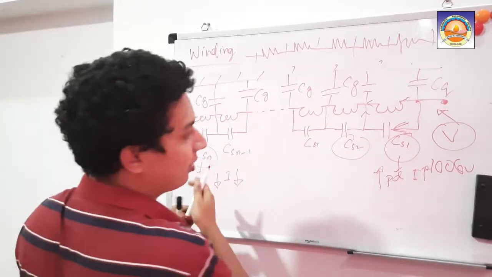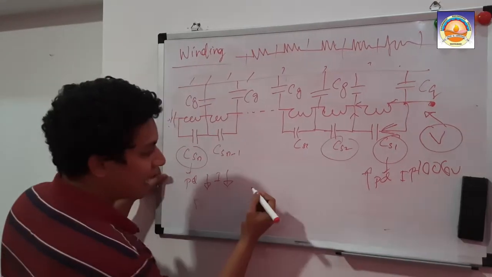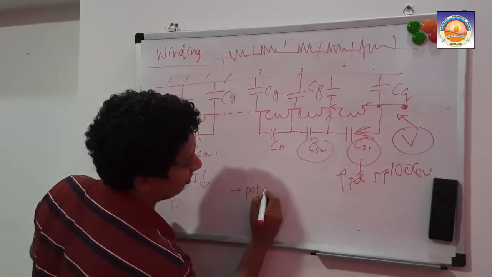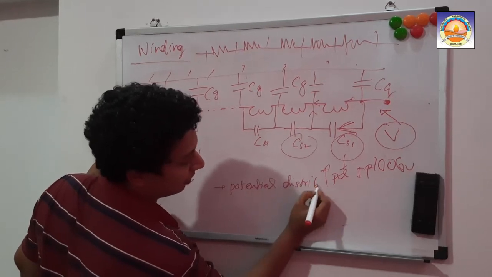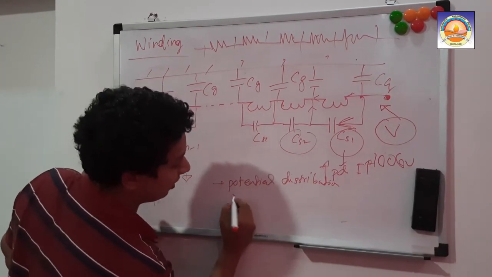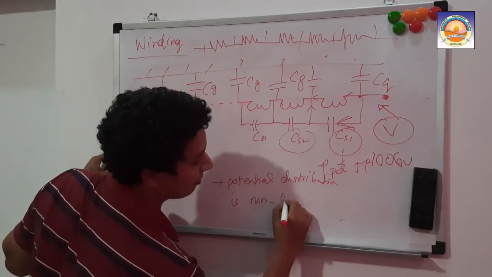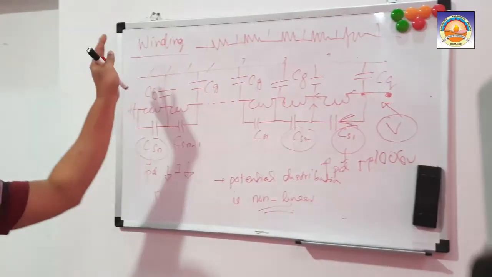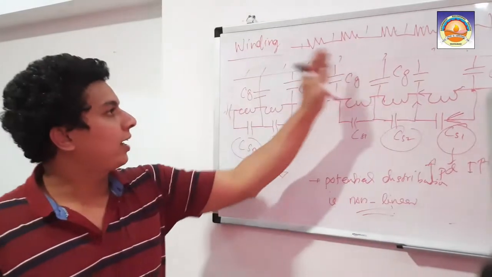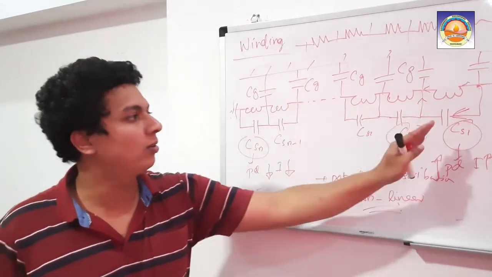Understood? From the live wire to here. So we can say that your potential distribution is non-linear. That is the important point. Your potential distribution is non-linear all throughout the winding.